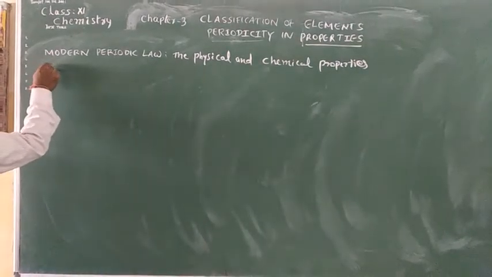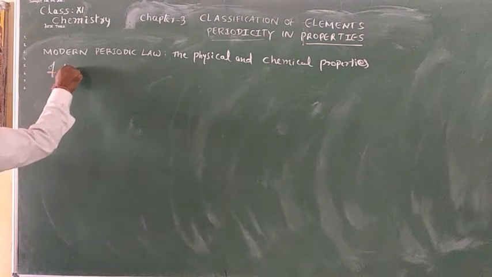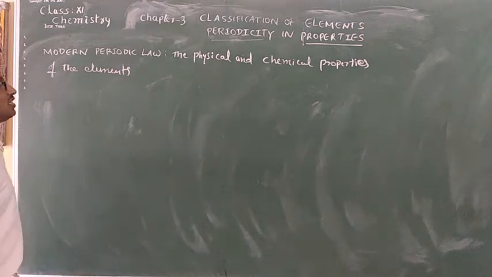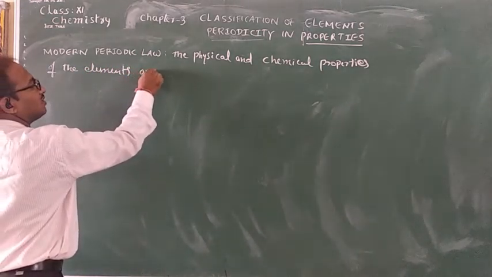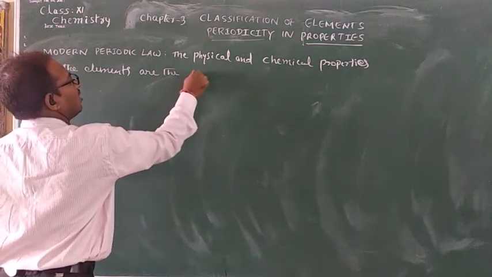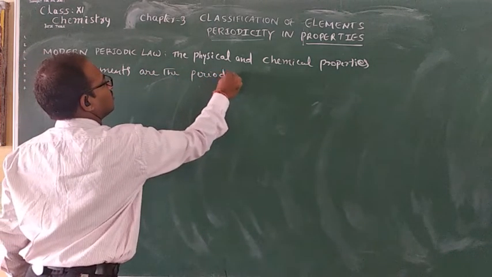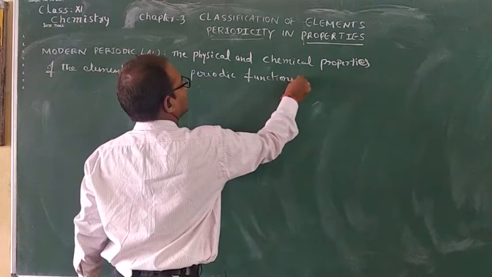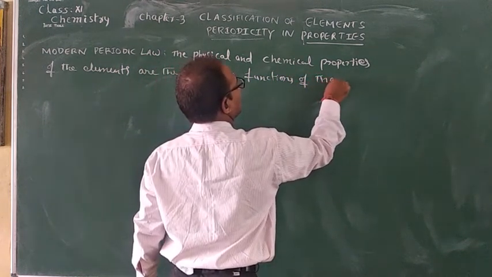The physical and chemical properties of the elements are periodic functions of their atomic number.